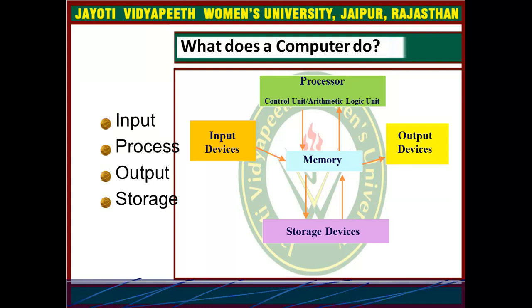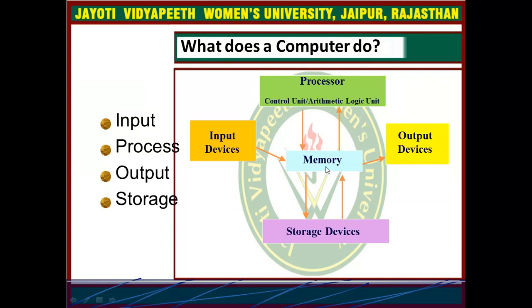What does a computer do? As I told you, there is input, process, output and storage. You can see this is a block diagram, and these are the input devices. These input devices work together and are connected to the memory also, and these are the processors. In this processor, the control unit and the arithmetic logic unit give their work, or task, to that memory.